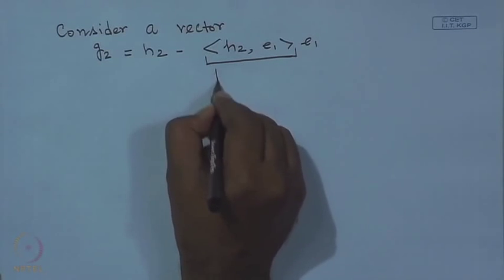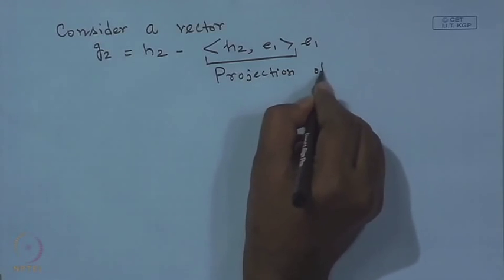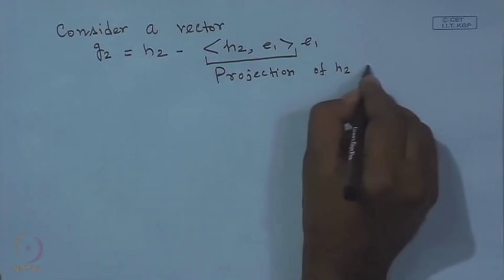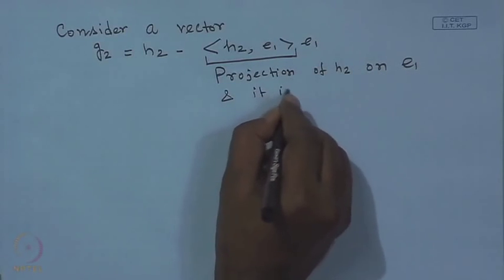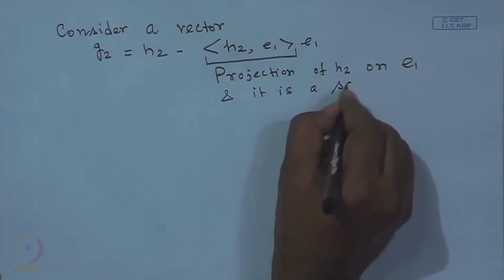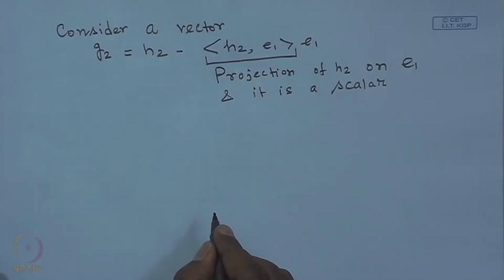It is nothing but the projection of H 2 on E 1, and it is a scalar. So, this is a scalar multiplier.